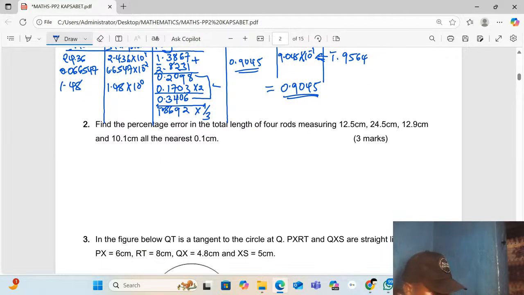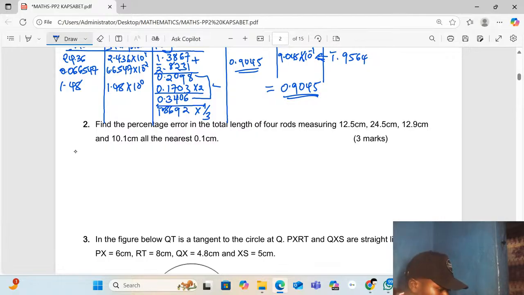Question number 2. Find the percentage error in the total length of 4 rods measuring 12.5 centimeters, 24.5 centimeters, 12.9 centimeters, and 10.1 centimeters, all to the nearest 0.1.